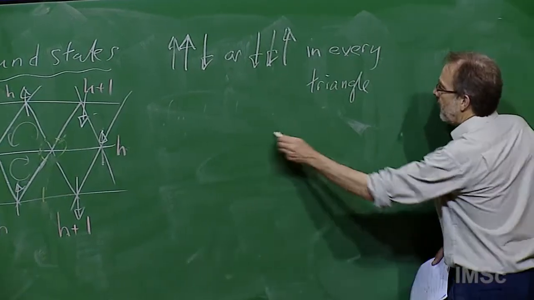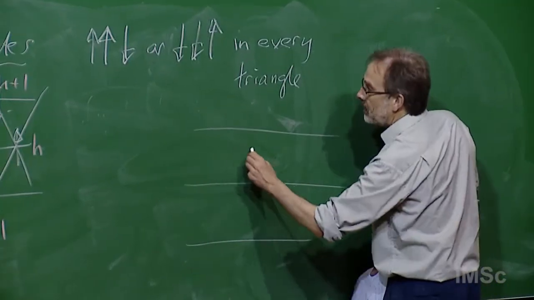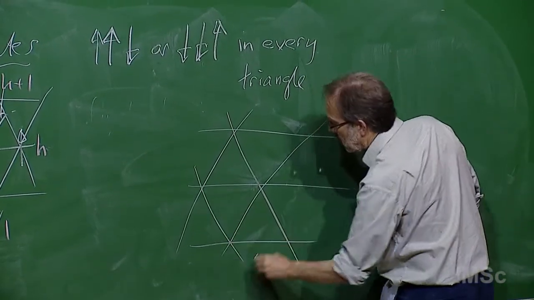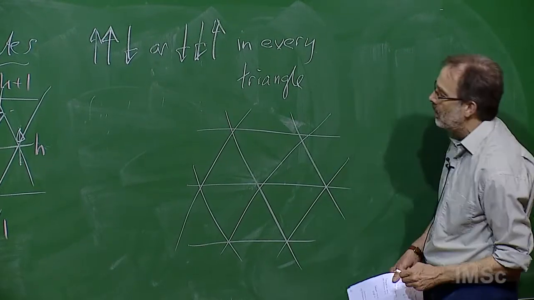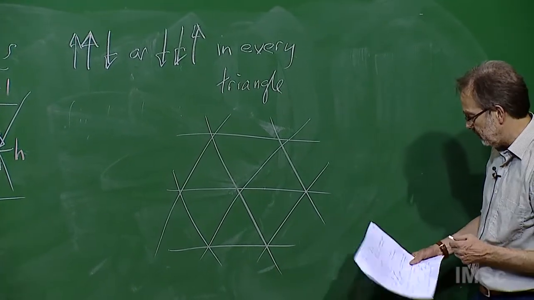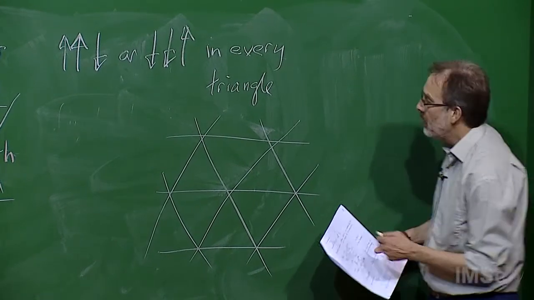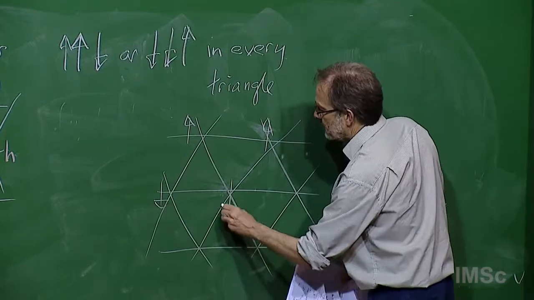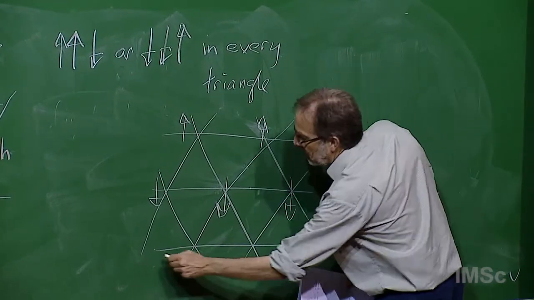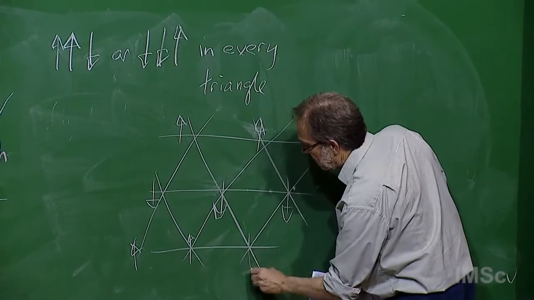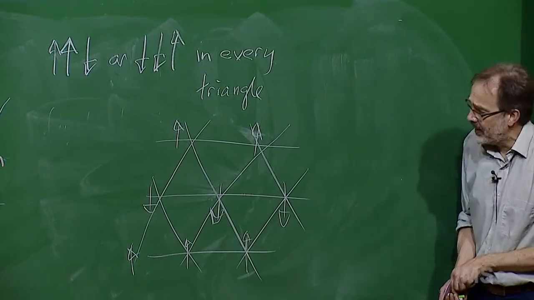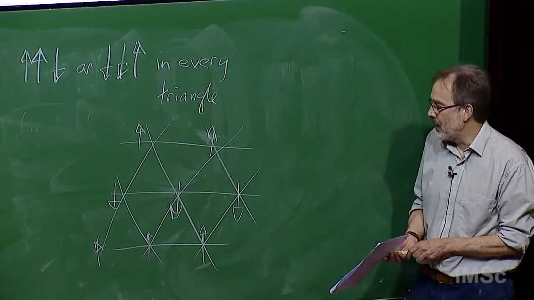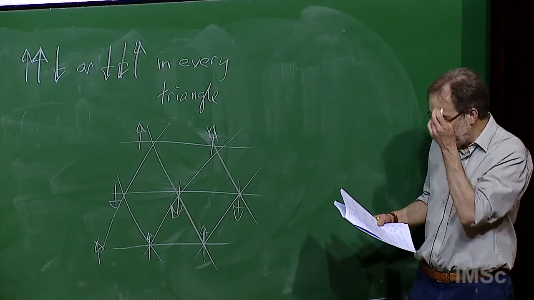So if I take an arrangement with, say, a line of up spins in the top row and down spins in the middle row and up spins in the bottom row, then again that's a ground state of the triangular lattice because each triangle has two spins with one orientation and one with the other.